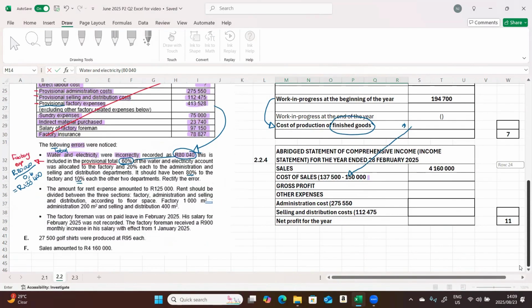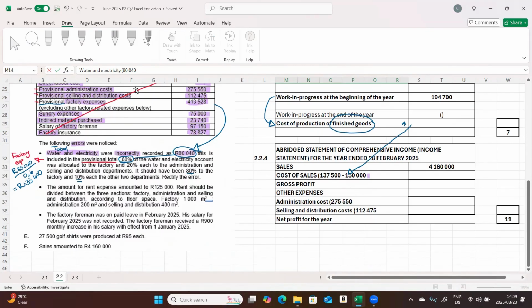Okay, now we can go ahead and calculate what it actually needs to be. So we are going to take for water and electricity, but specifically for our factory, what are we going to do? We are going to take the total water and electricity bill of 133,400. Okay, the total bill.